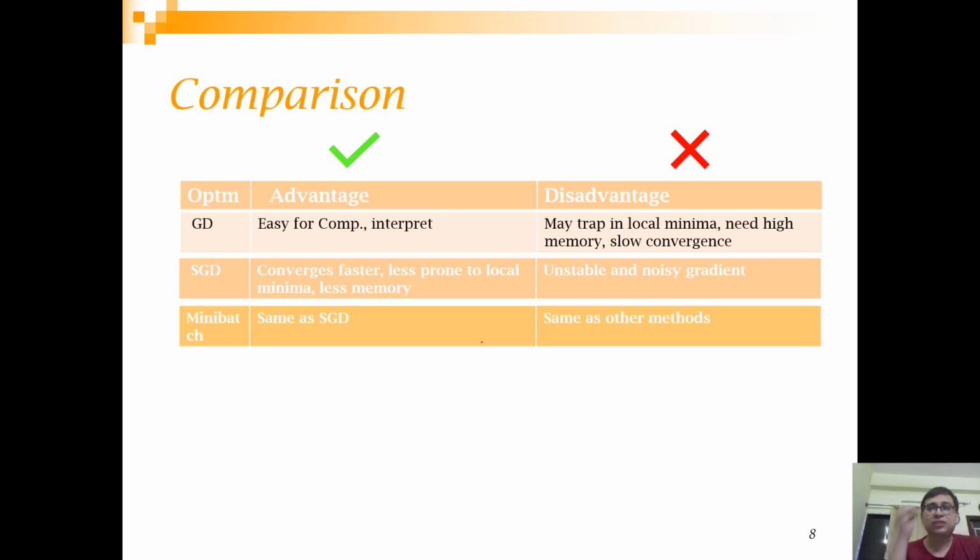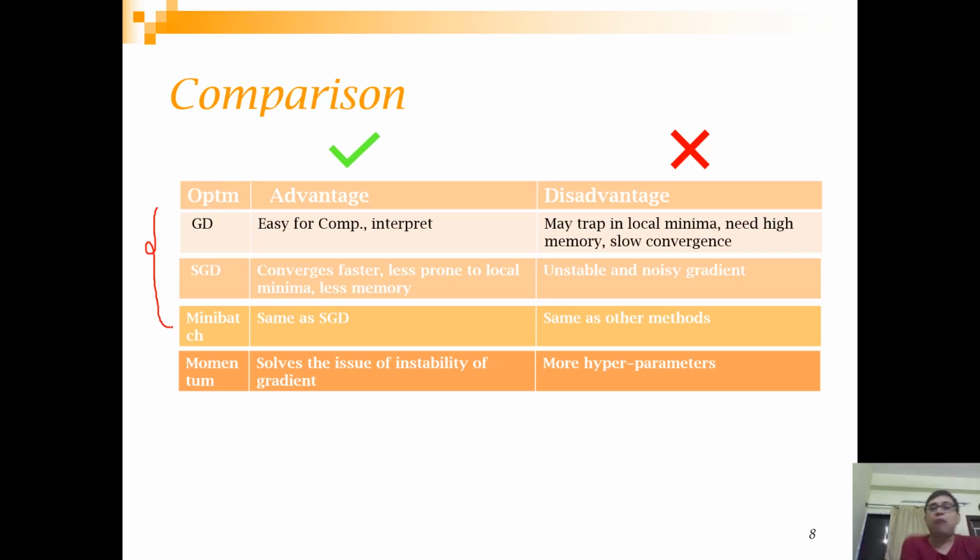Mini batch tried to go somewhere in between. However, if you try to summarize the gradient based methods, all of these have a tendency to get stuck at local minima and depend heavily on the learning rate. Then you come to momentum, and with momentum you solve the instability of the gradient.